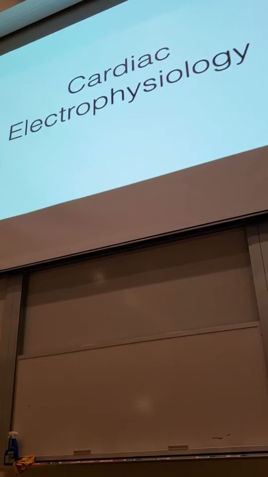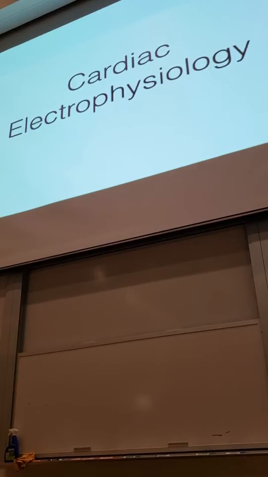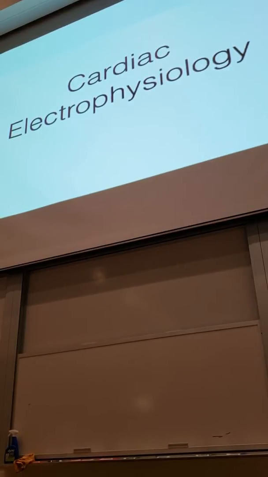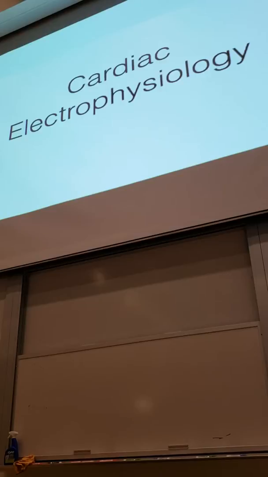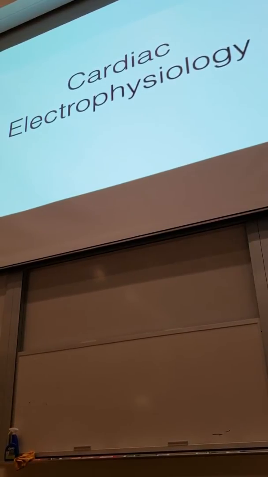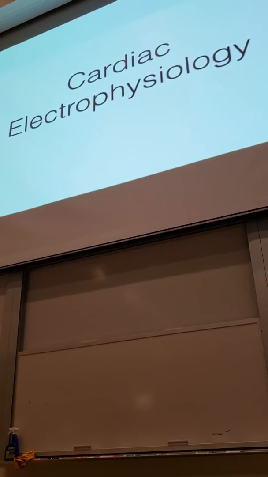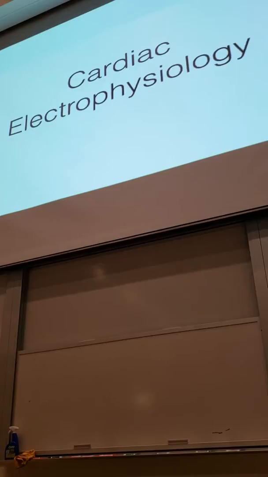We'll talk about some of the mechanical events, which should be largely something you've learned already. We'll expand on it a bit. We'll talk about how the sympathetic and parasympathetic nervous systems modulate the cell signaling in order to make the heart rate change and in order to make contractility change. So we'll be talking about lots of different things with regard to the heart.